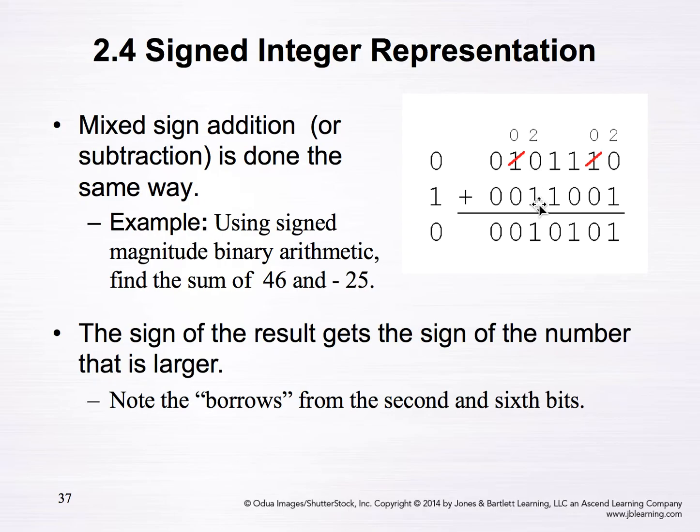So 2 subtract 1 equal to 1, and then we return 1. So 1 already borrowed, so this one equal to 0, and this column equals 0. Okay, so basically this string subtract this string equal to this string, and the sign of the result is the sign of the number with the larger value. So 46 is the larger one, so the sign is copied from the number with the larger value right here.